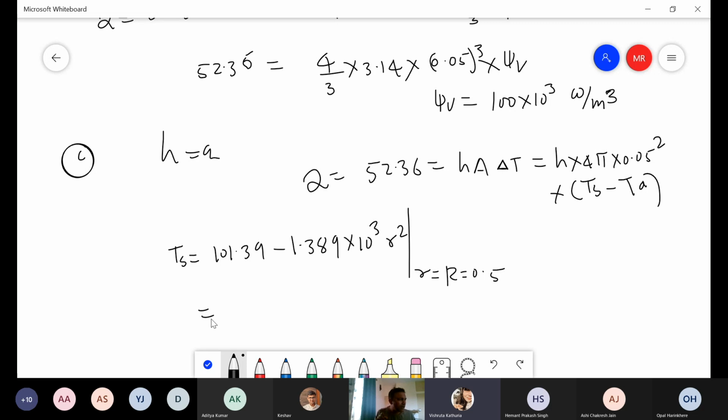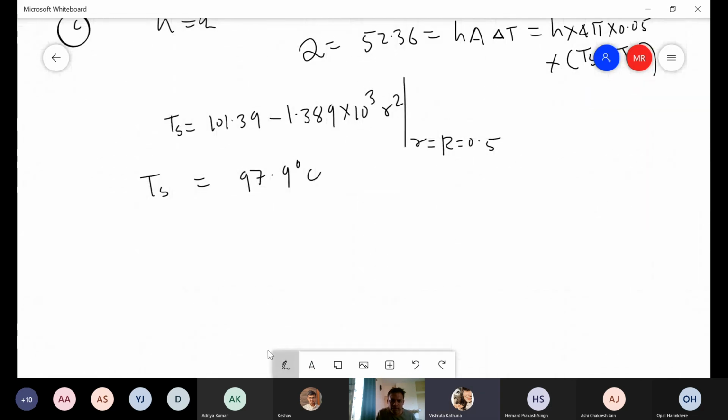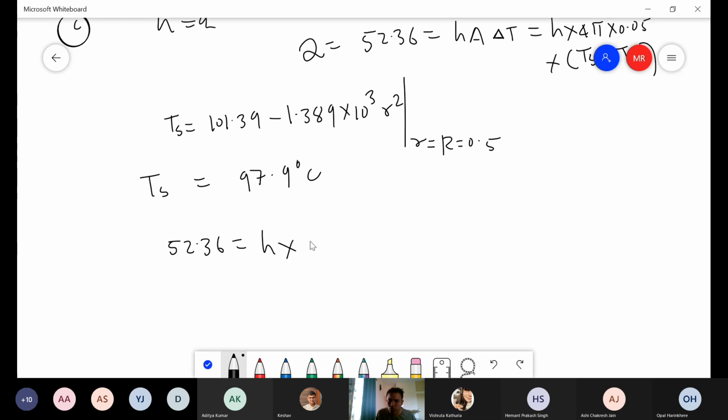So if I put it, Ts comes out to be 97.9 degrees Celsius, and if you put it in the equation, we get 52.36 equals h into 4 into 3.14 into 0.05 square into (97.9 minus ambient temperature). Ambient temperature was given as 30 degrees Celsius, isn't it?